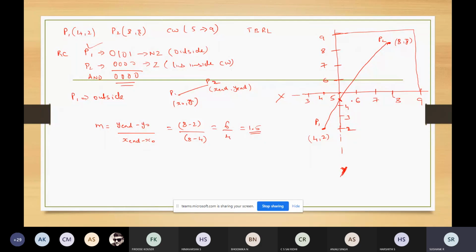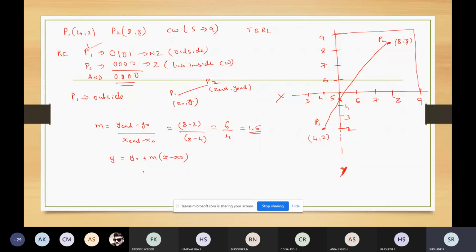Since this line is intersecting at some value, this line is governed by the y-axis. Now we can calculate the values by the equation. We have some equations, right? Y is equal to y naught plus m into x minus x naught.